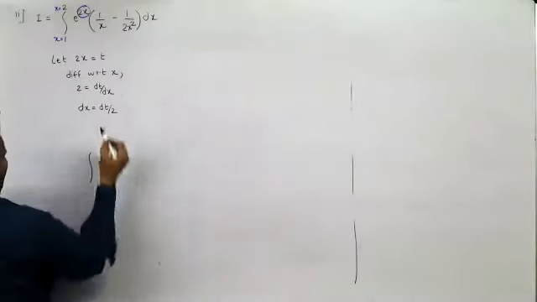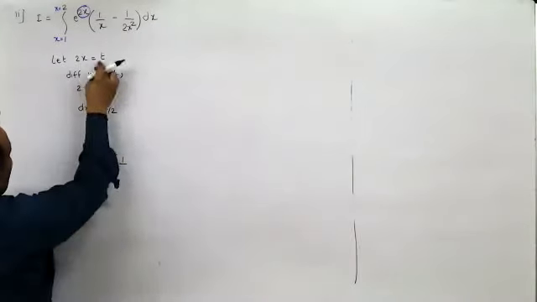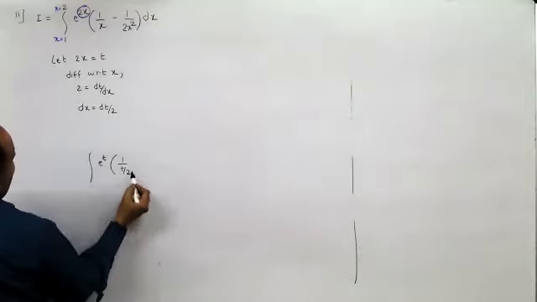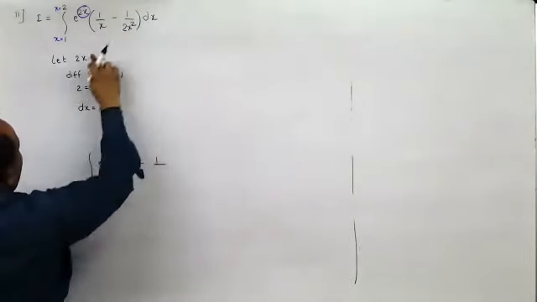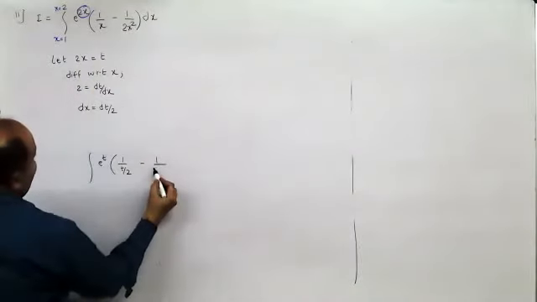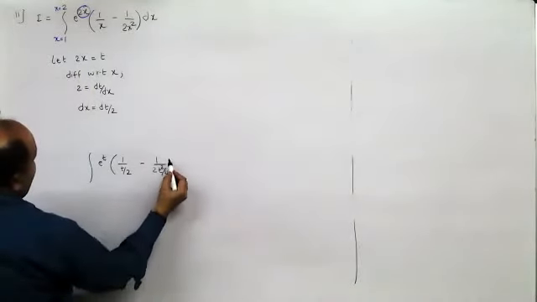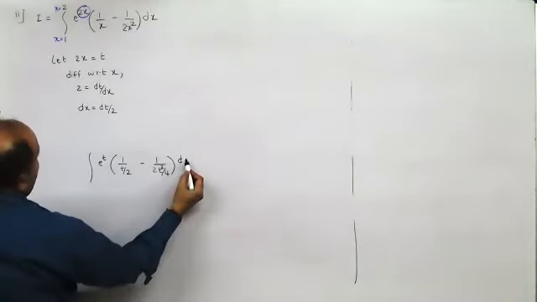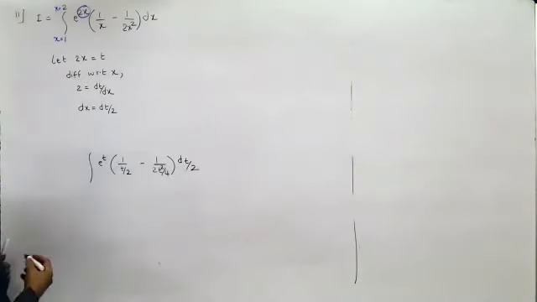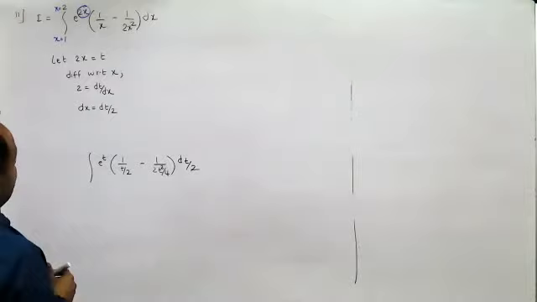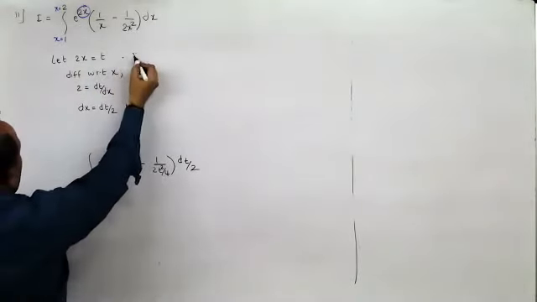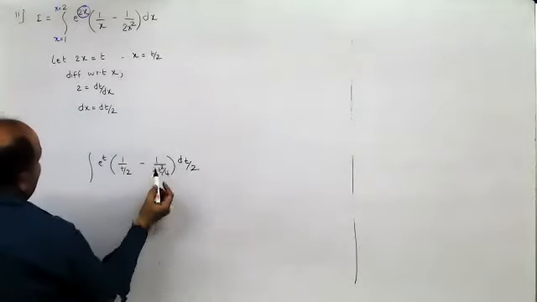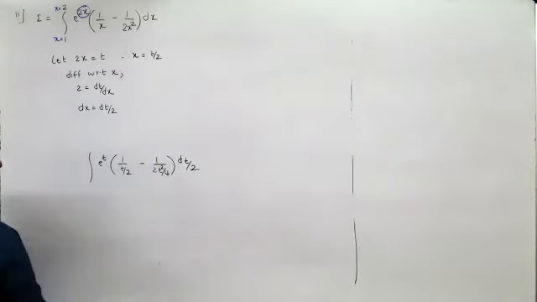Then 1 upon x would be replaced by 1 upon t by 2. And here, minus 1 upon, this is 2 into x square, so that would be t square by 4. This is dt by 2. Have you followed it? 2x is t, so therefore x is t by 2. I am taking t square by 4 over here.